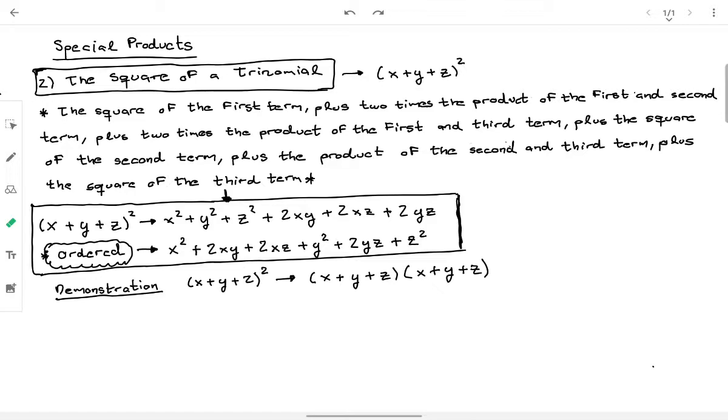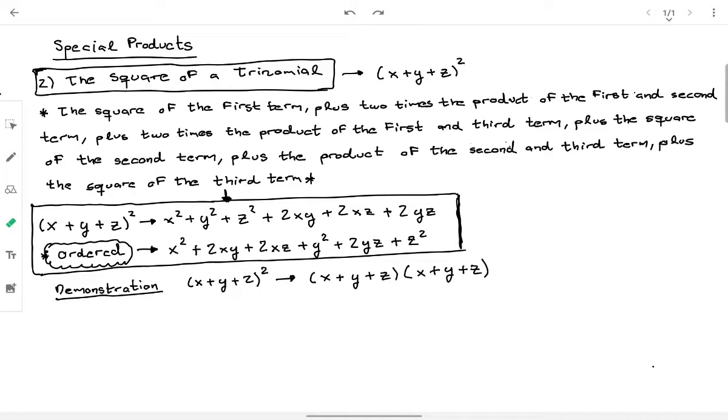So the rule of the square of a trinomial will be the square of the first term plus 2 times the product of the first and second term plus 2 times the product of the first and third terms plus the square of the second term plus the product of the second and third term plus the square of the third term.